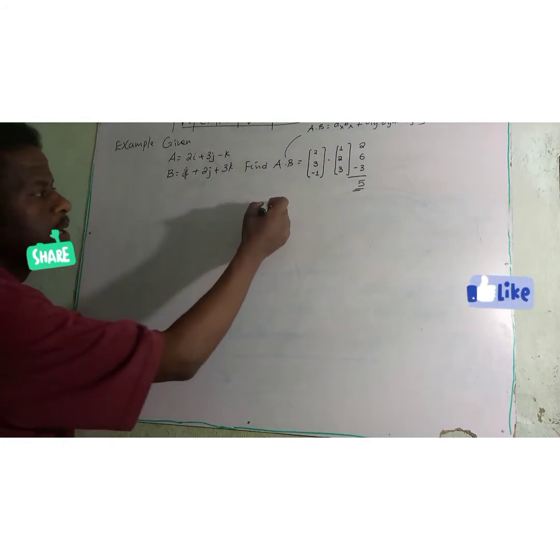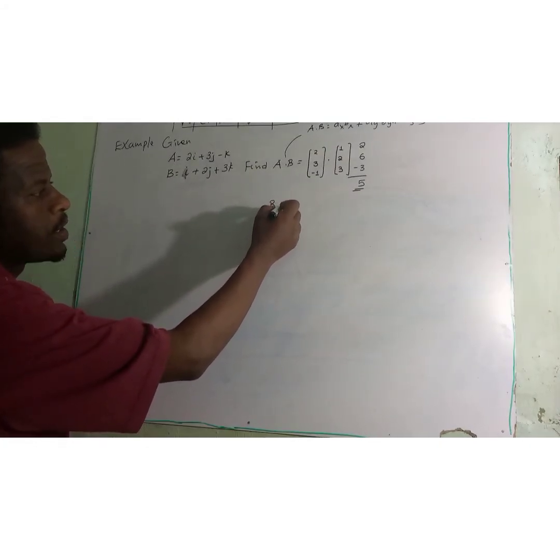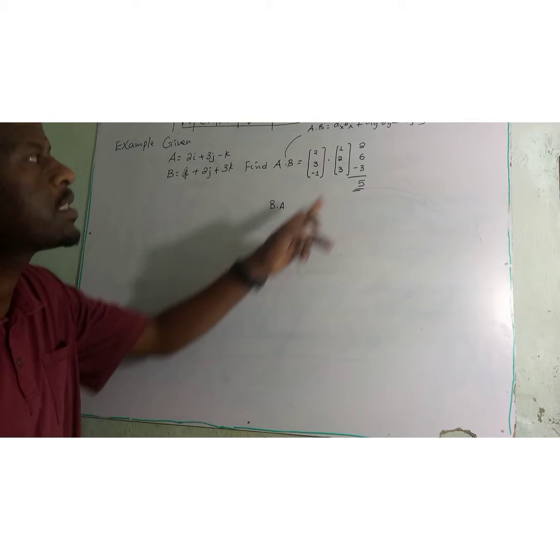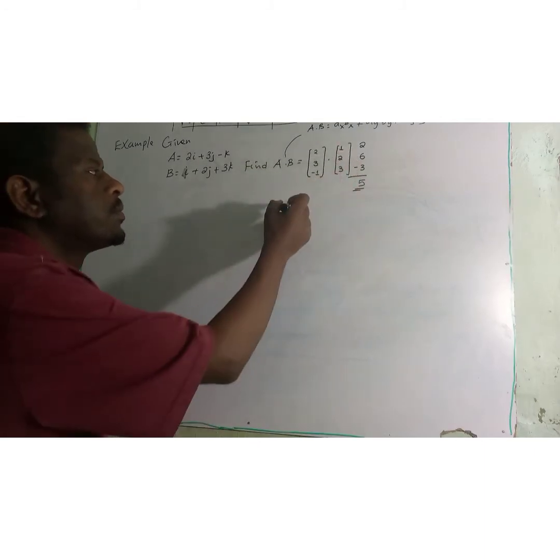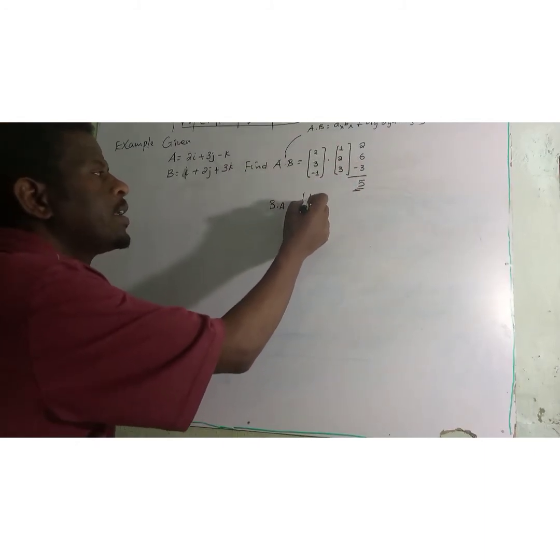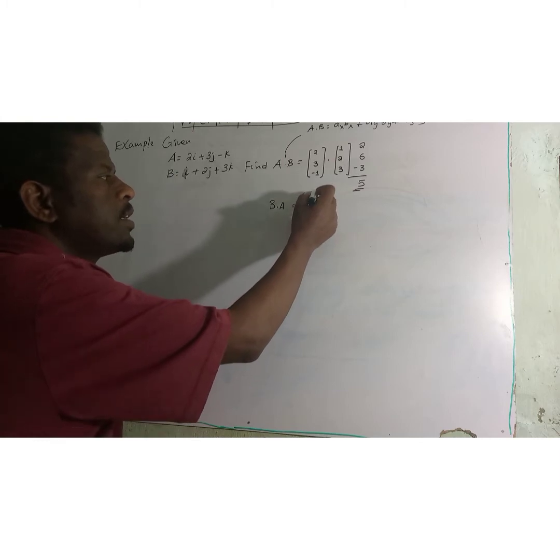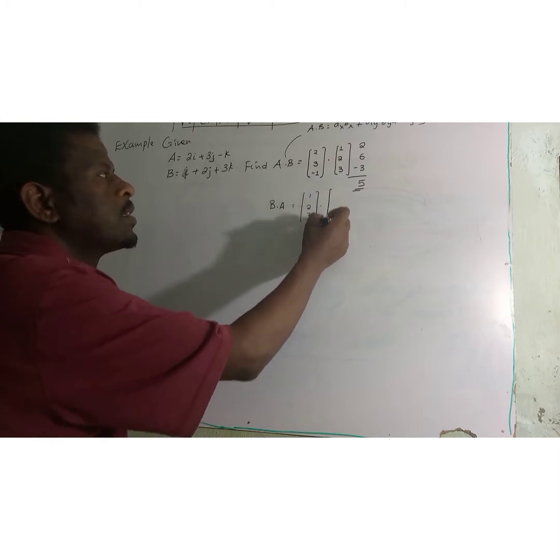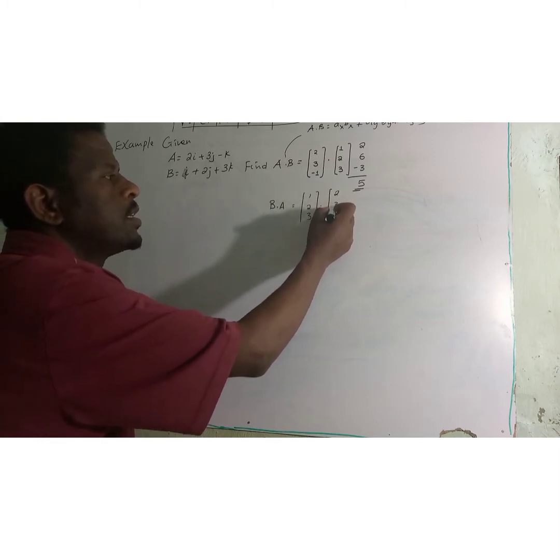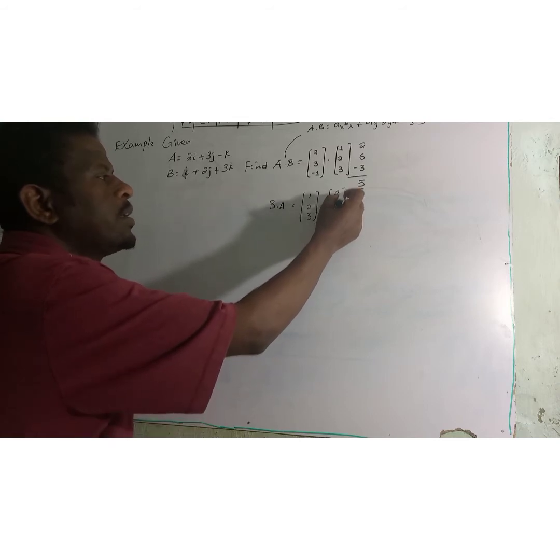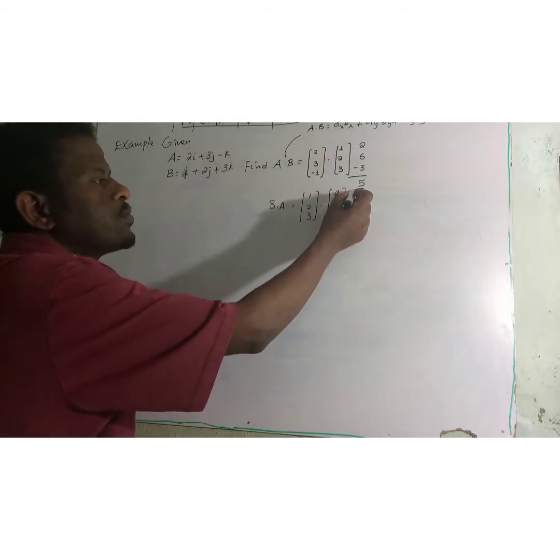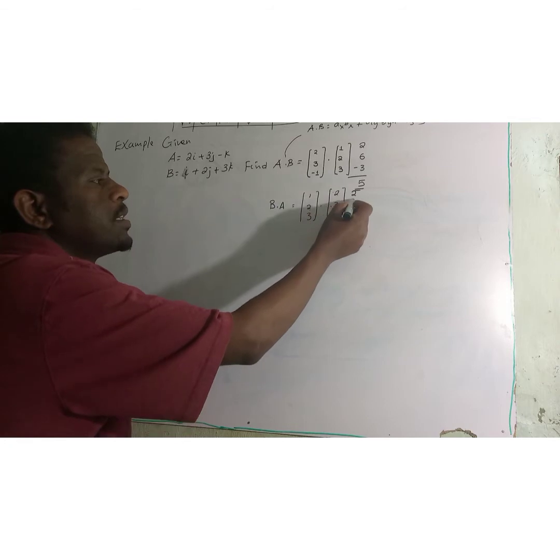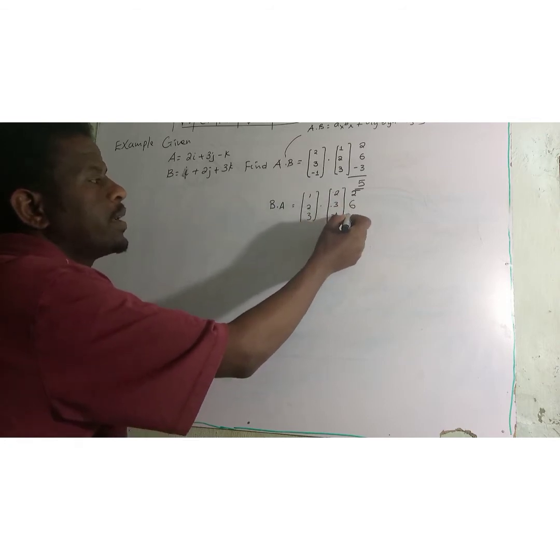If we take B dot A, B dot A means 1, 2, 3 dot with 2, 3, and minus 1: 1 times 2, 2, 2 times 3, 6, 3 times minus 1, minus 3.